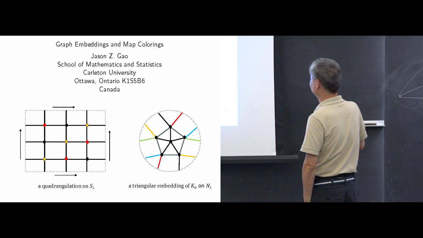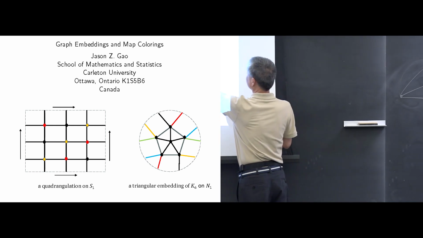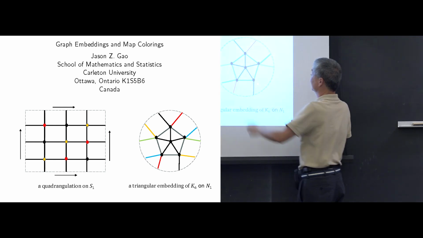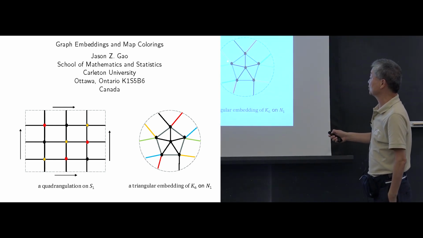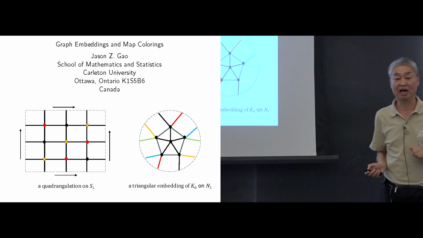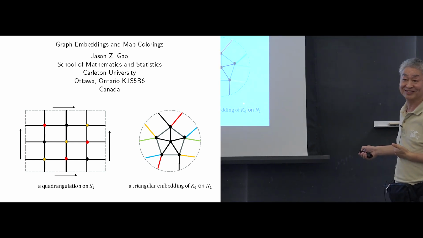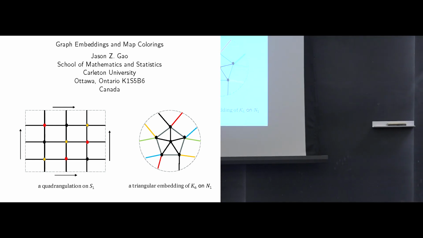And here, this is a so-called triangular embedding of K6. 6 vertices here pairwise adjacent. Every face is bounded by triangles, so this is called a triangular embedding or a triangulation. Of course, the chromatic number of this graph is 6.